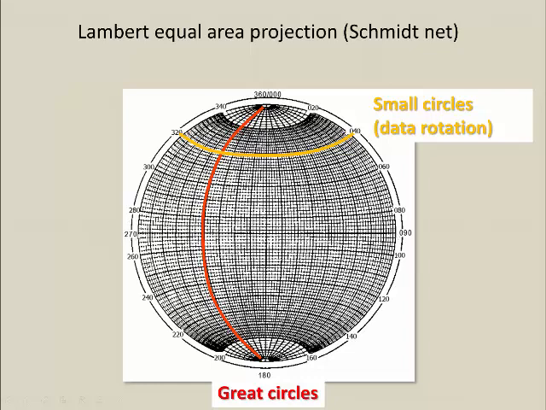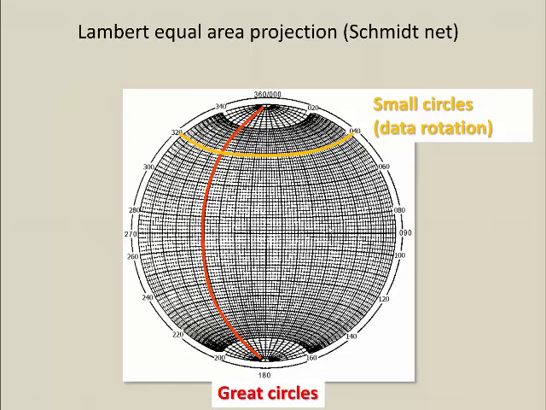There's only one straight line, and that is the small circle that connects the east and the west. Also, the only straight great circle is the one that goes from the primary directions, here from the north to the south. All other lines are curving, the small circles and the great circles.